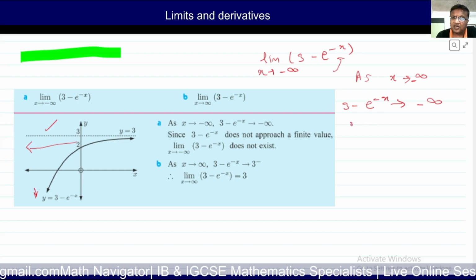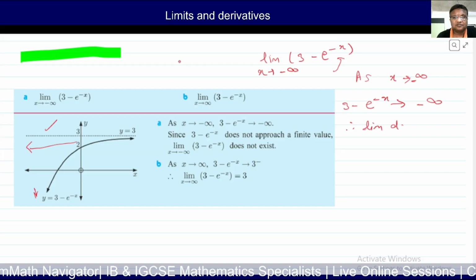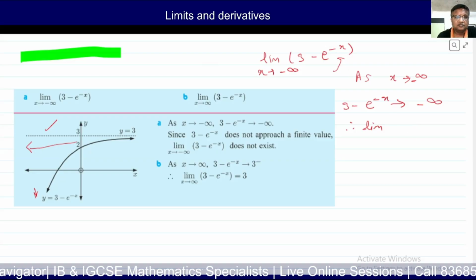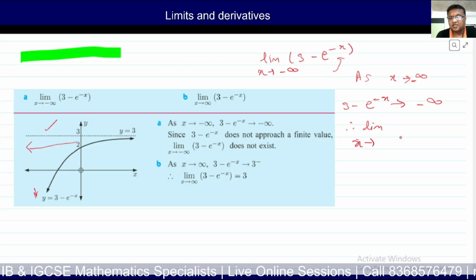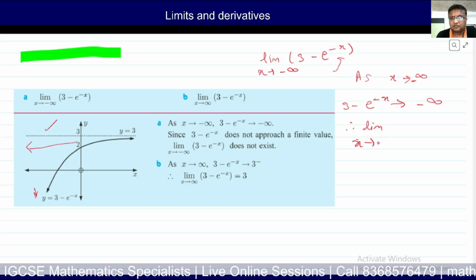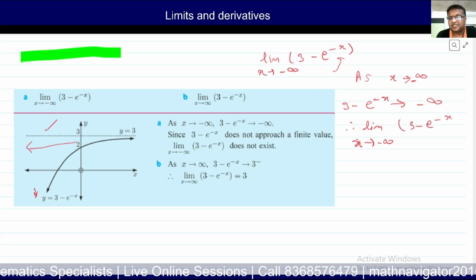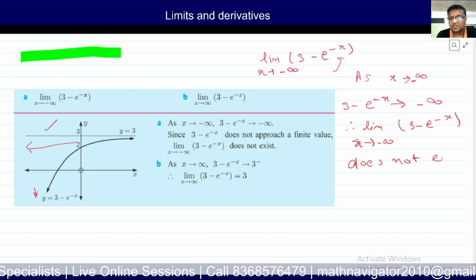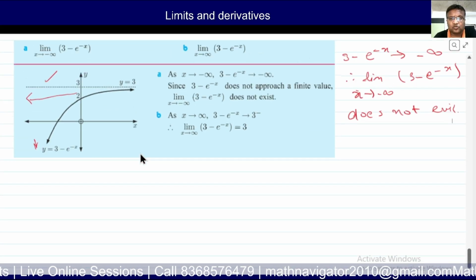So therefore limit x tends to negative infinity, 3 minus e to the minus x does not exist. Got it? But what happens if x tends to positive infinity?